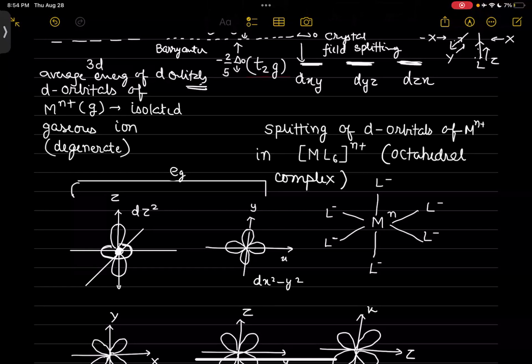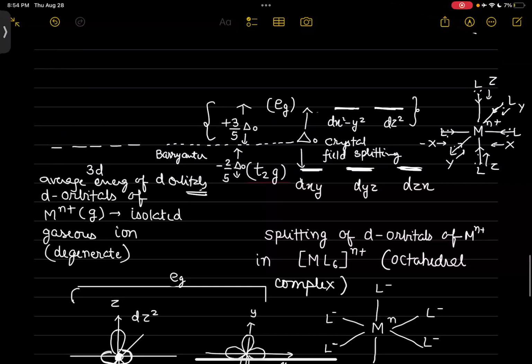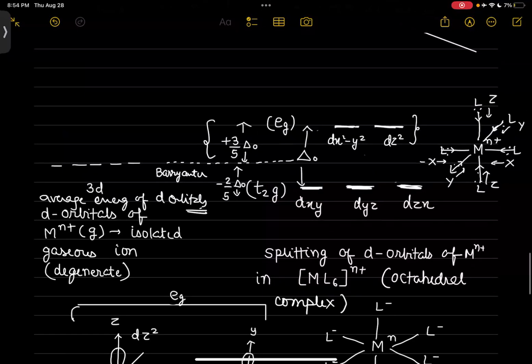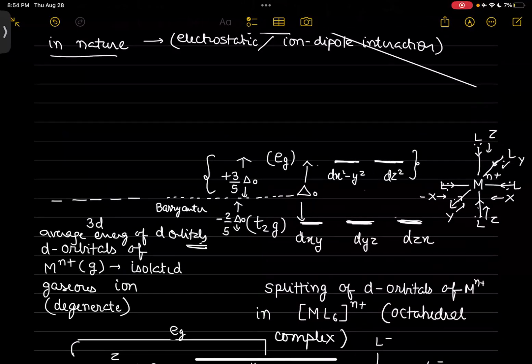This gap is going to govern how the filling of d orbitals takes place, whether we have to pair the unpaired electrons or leave them unpaired. Everything is decided by the gap, whether it is a smaller gap or larger gap, and who is going to decide the gap?